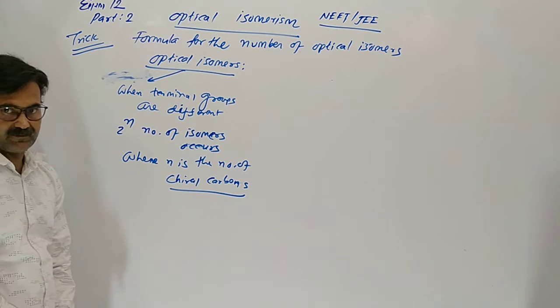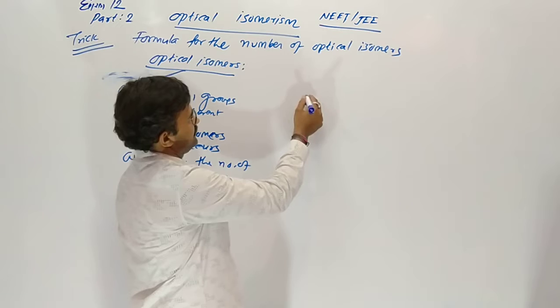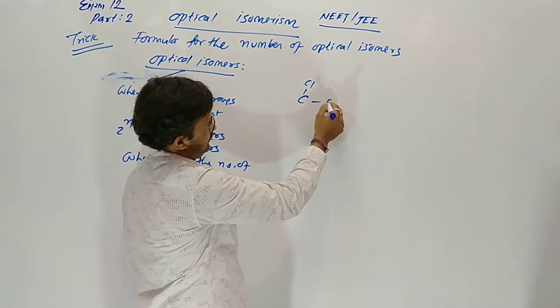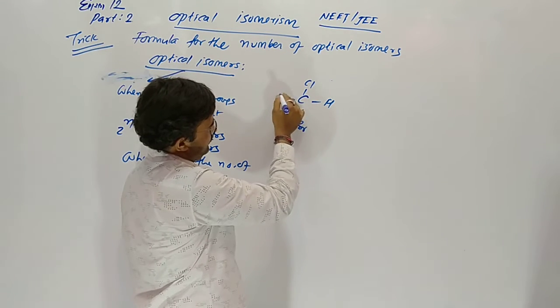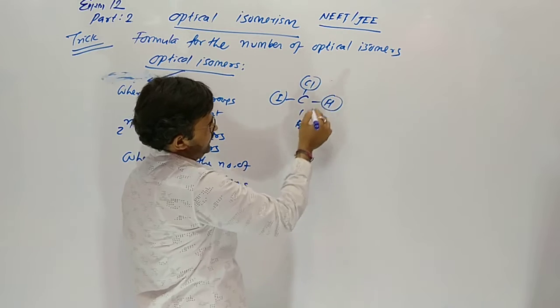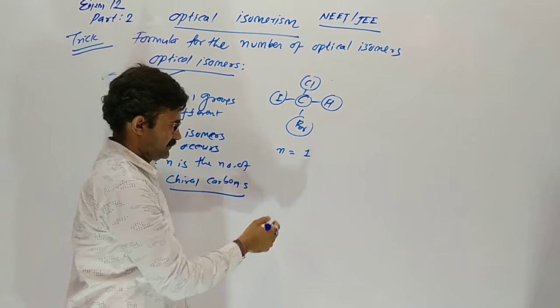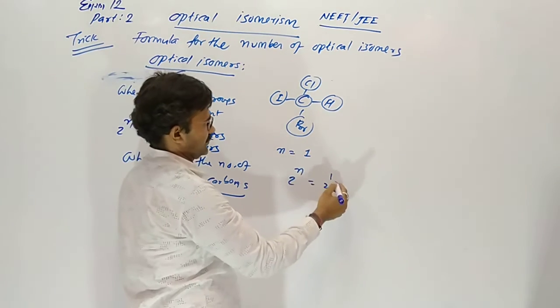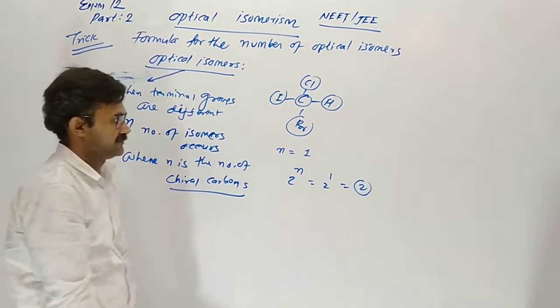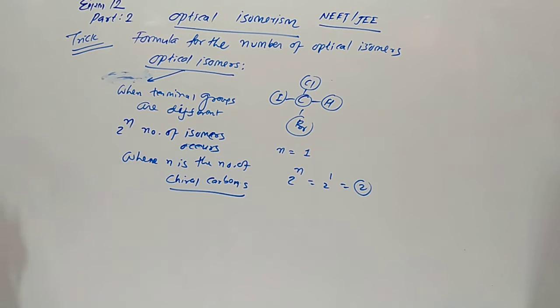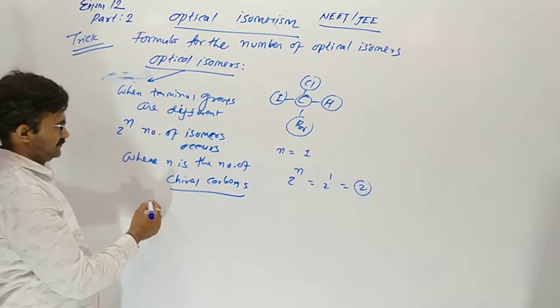Yes, one by one we are going to do it. In CHClBrI, all the 4 groups are different. There is only one chiral carbon. So 2 raised to n means 2 raised to 1 means 2. So 2 optical isomers occur.